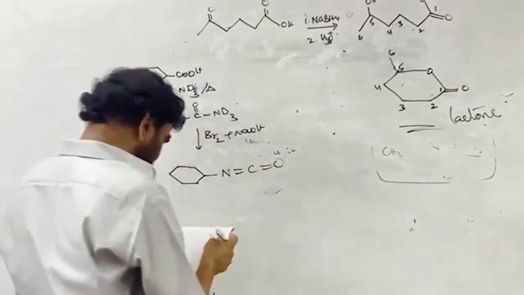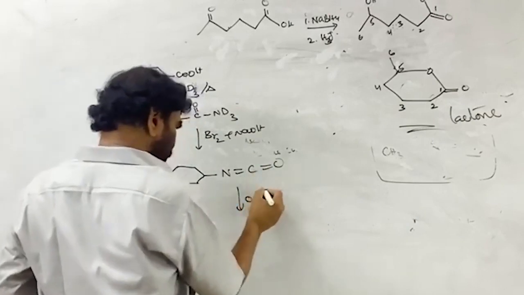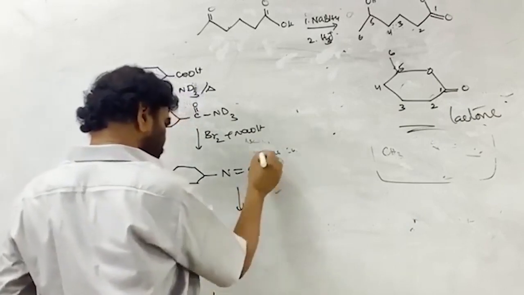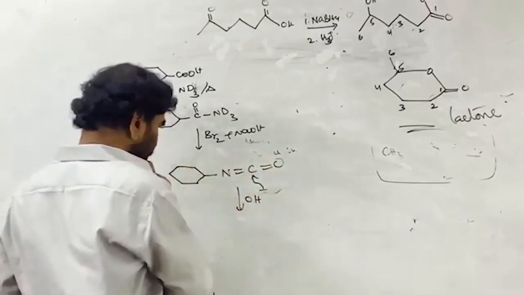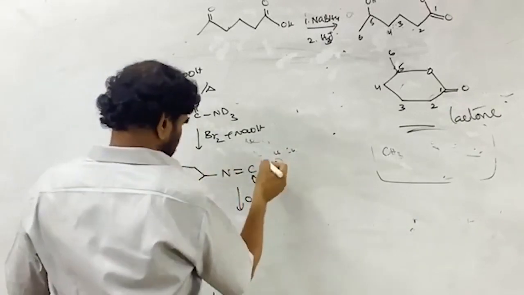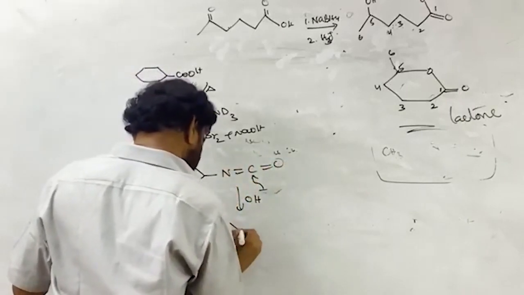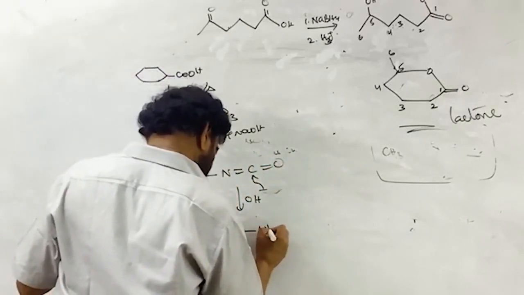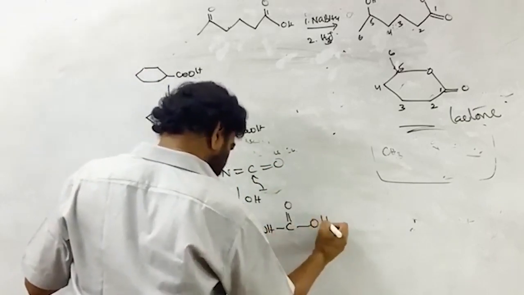This isocyanate is treated with KOH. The hydroxide attacks here, and that goes here. This is converted into this intermediate product, the N-H carbamic acid, NH C double bond O OH.